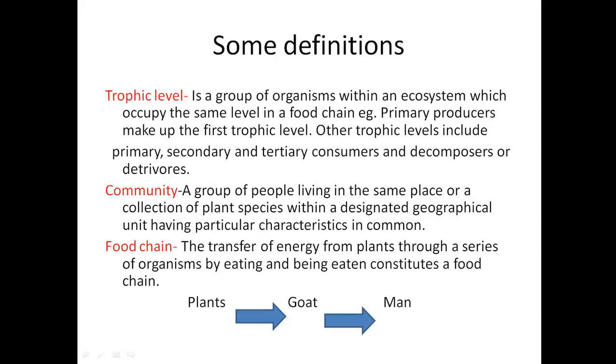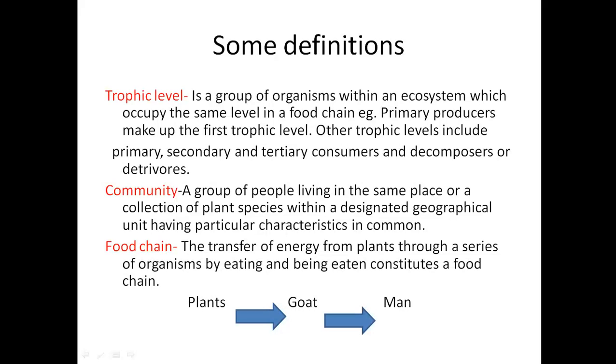Not all the energy which the plants have acquired or have collected from the sun will go to the goat. Some of the energy from the plant will be expended through respiration. Some of the plants will die, and that also, some of the energy is lost. So all the energy which has been captured by the plants from the sun will not go to the first the herbivores.